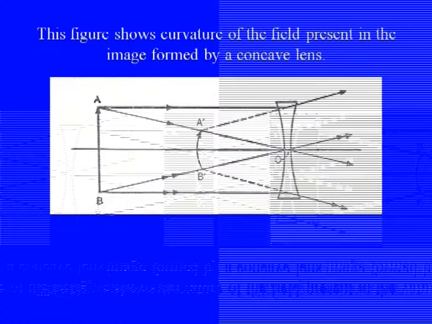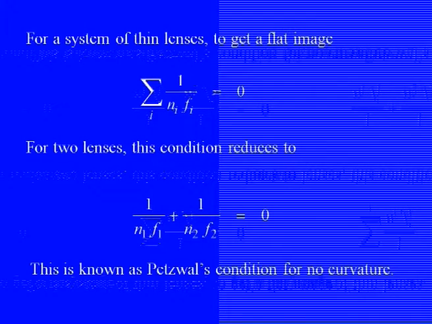Now, this figure shows the curvature of the field in the case of a concave lens. Here again the image is formed nearer the lens and the ends A prime and B prime are curved towards the lens. Now, for a system of thin lenses to get a flat image, this is the condition: summation over 1 upon N_i F_i, i summed over the various lens components.